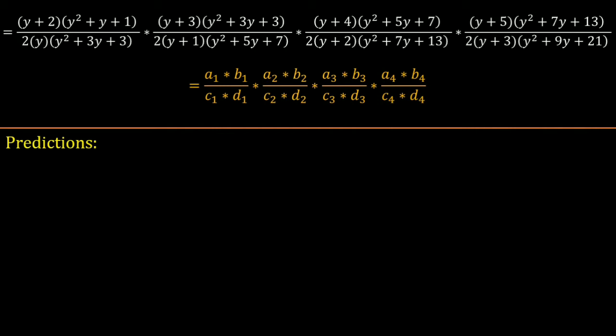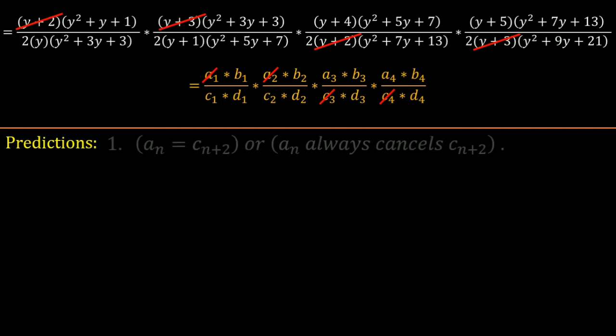And using this series I want to make some predictions which we can write in this lower space. We can easily see from the series that y plus 2 is cancelled by this y plus 2, so a1 is cancelled by c3, and y plus 3 is cancelled by this y plus 3, so a2 is cancelled by c4. We can also cancel a3 if we have c5, so we can say an always cancels c(n+2).